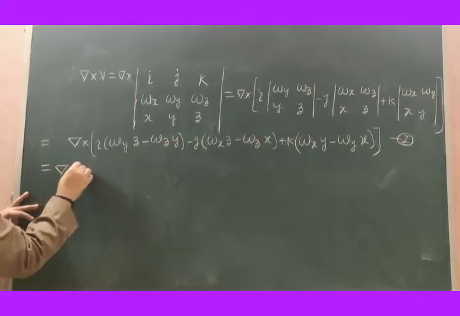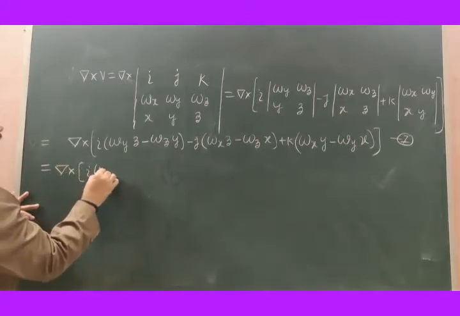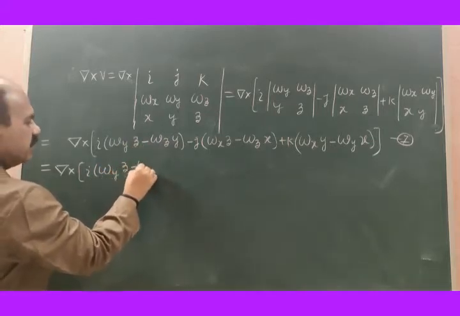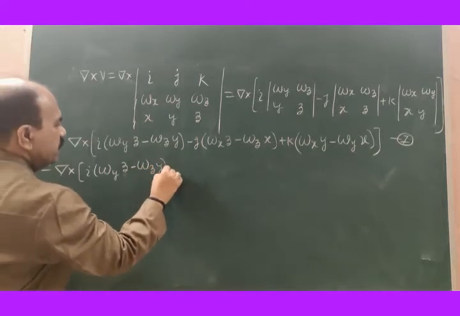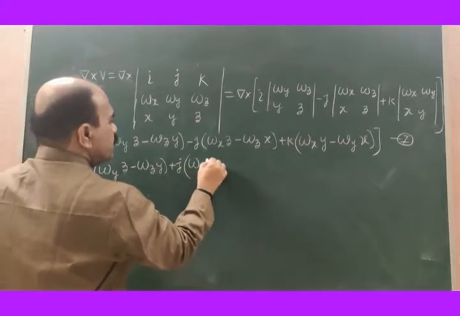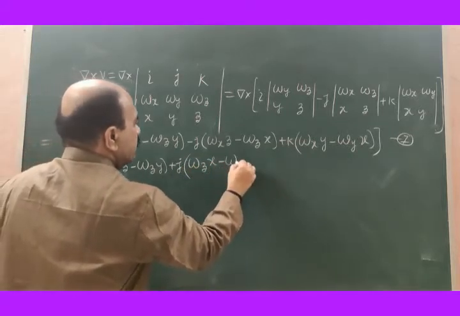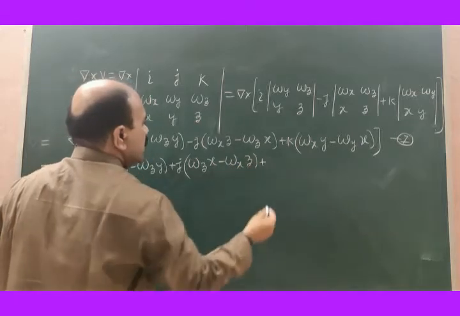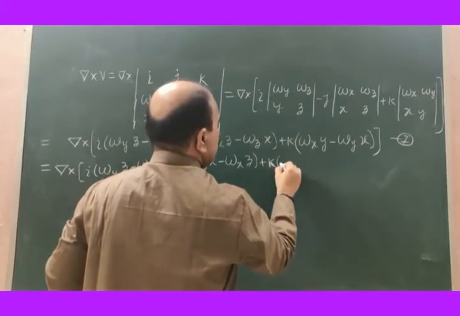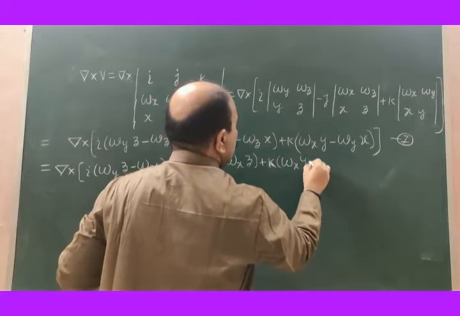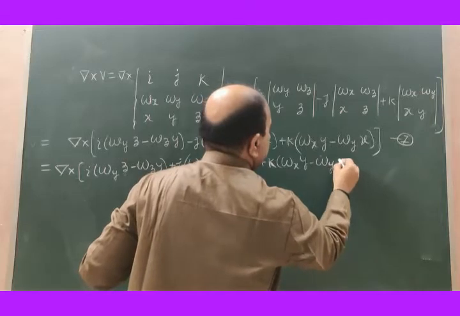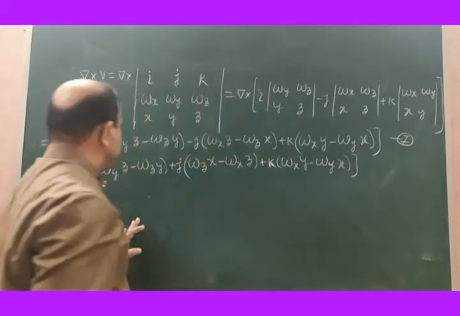del cross: i, omega y into z minus omega z into y, plus j into omega z into x minus omega x into z, plus k into omega x into y minus omega y into x.